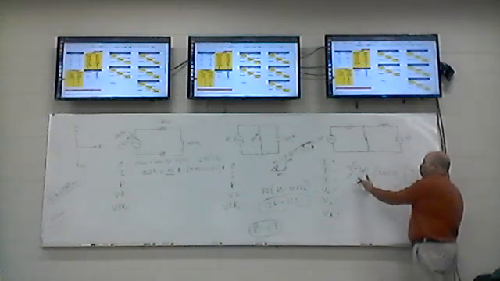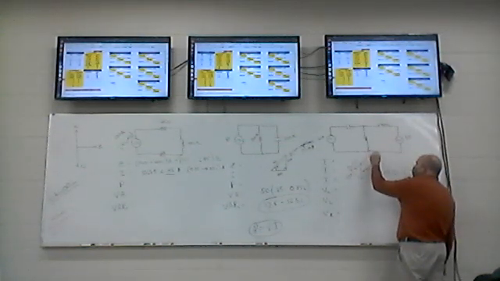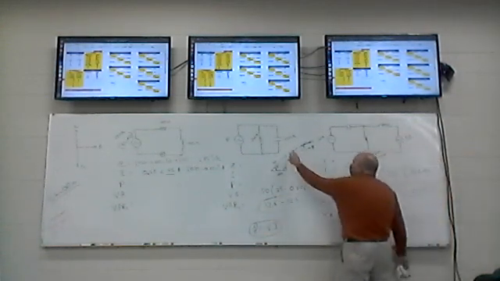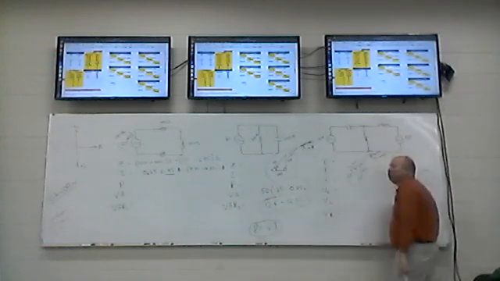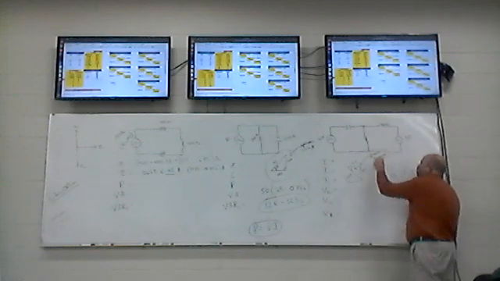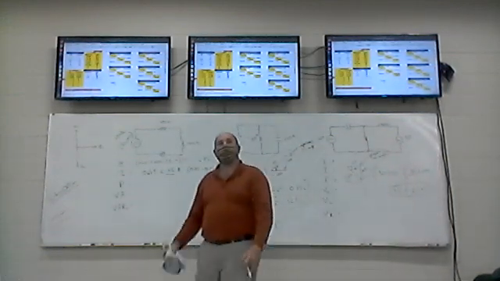Now, how does this triangle, which is my power triangle, compare to my impedance triangle? This one. Reverse, baby. The angles are negative, but they are what we call similar triangles.